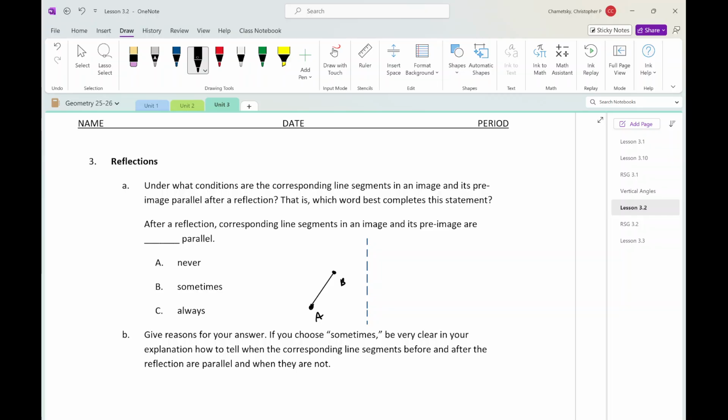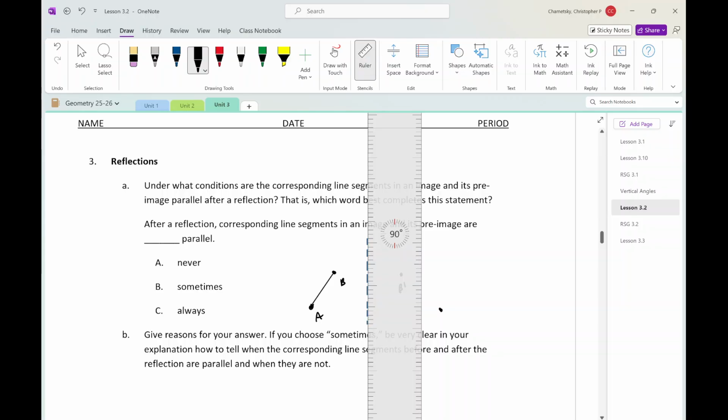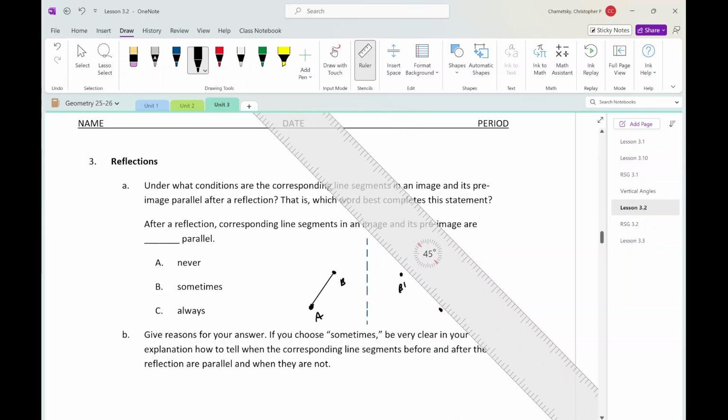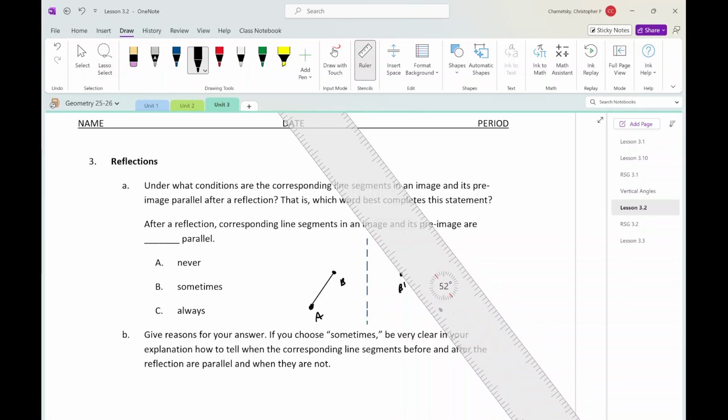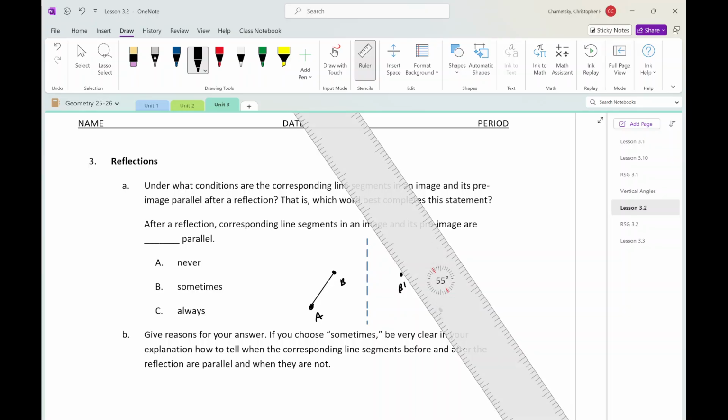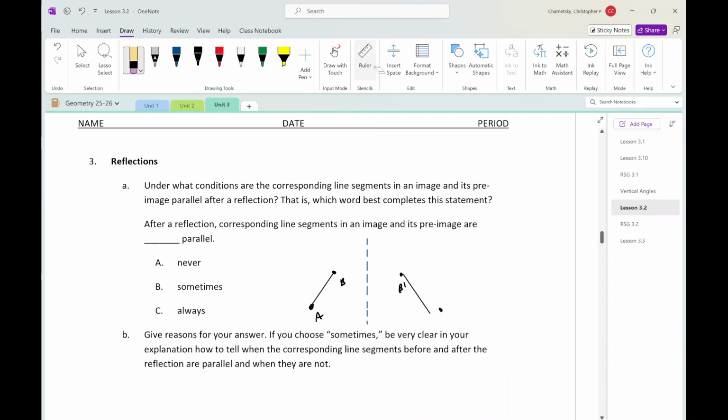So B prime ends up over here, A prime will end up over here. And very obviously, not going to be parallel.